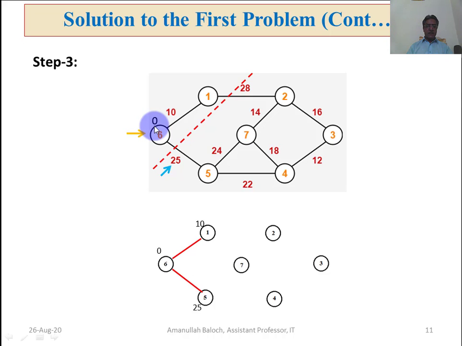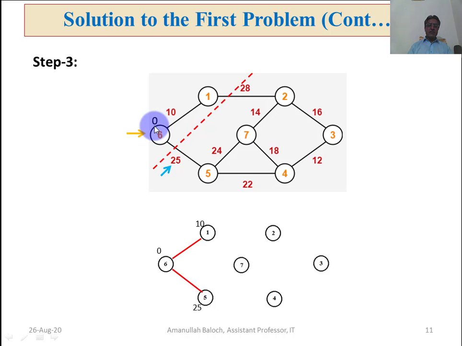This was the cutting line, and these 2 nodes have been processed, but the rest of the nodes need processing. Here you may see that this line is cutting these 2 edges. This node is a processed tree node, and its adjacent is 2. This is processed and its adjacent is 5.